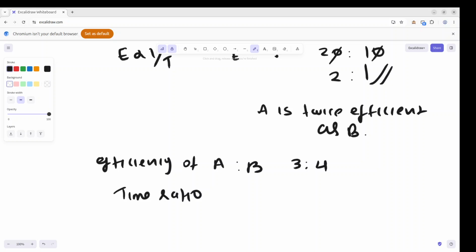If we have the ratio of efficiency, then time will be inversely proportional to efficiency, right? That is 4:3, because efficiency and time are inversely proportional. I hope so far it is crystal clear to everyone.